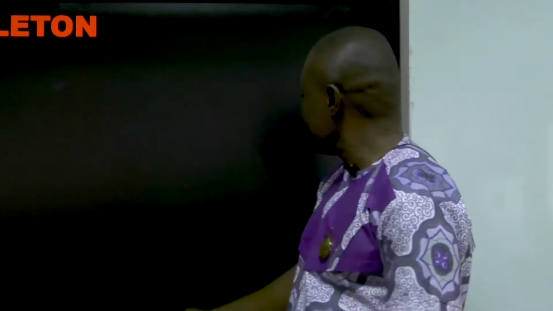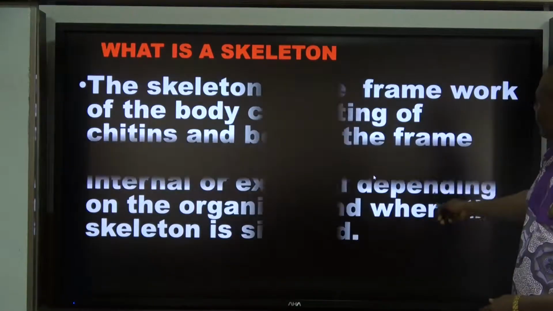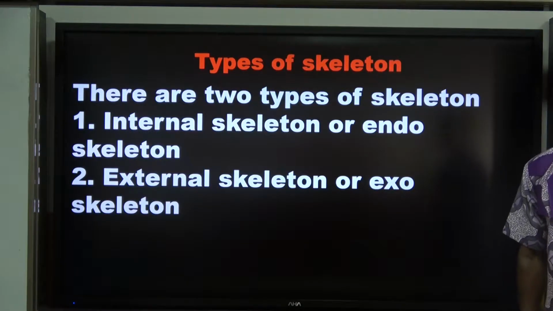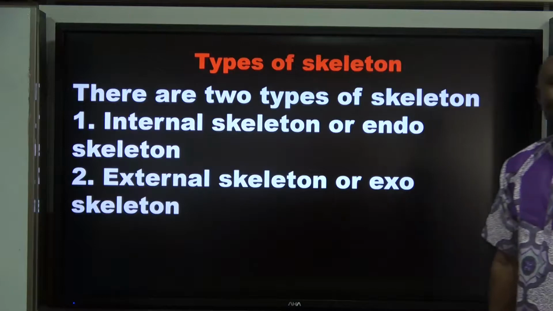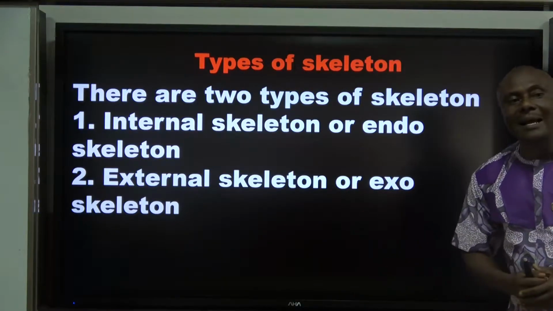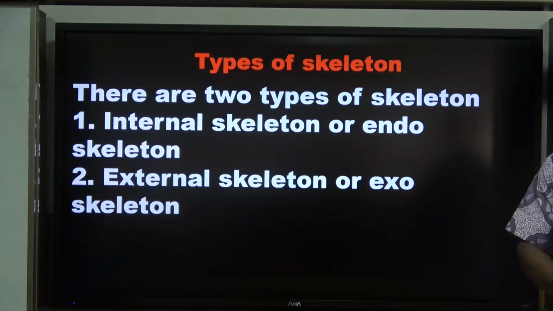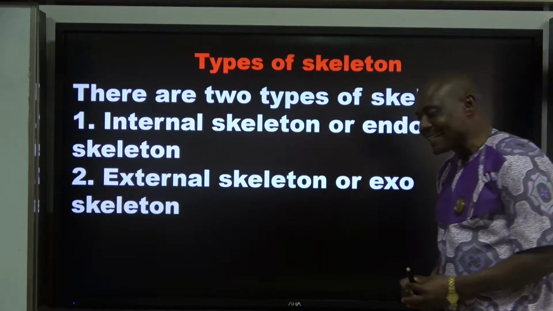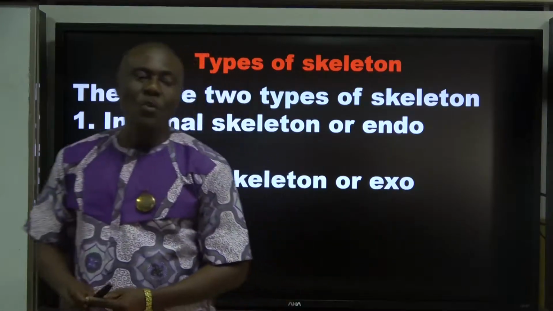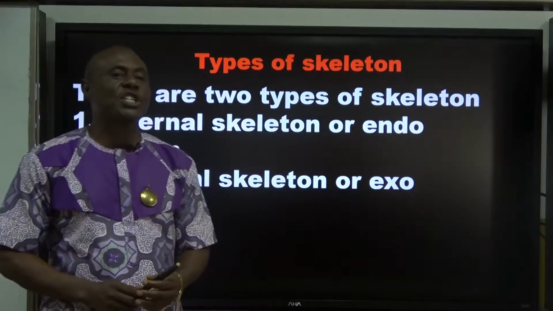When we look at the skeleton, it is classified into two. We have two major groups: the skeleton that is found externally and the skeleton that is found internally. The external skeleton is known as the exoskeleton, and it is made up of chitin.